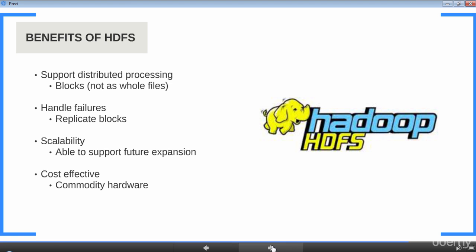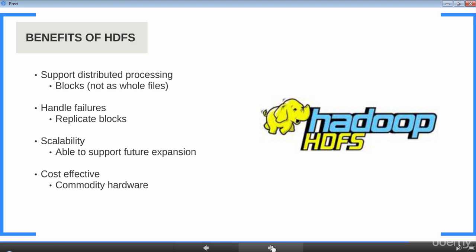So HDFS maintains data integrity and helps recover from data loss by replicating the blocks in more than one node. Third, HDFS supports scaling. That is, if you would like to expand your cluster by adding more nodes, it's very easy to do with HDFS. The last one, you don't need any specialized hardware to run or operate HDFS. And this is very important because we are talking about potentially hundreds of nodes. HDFS was built from the ground up to work with commodity computers.